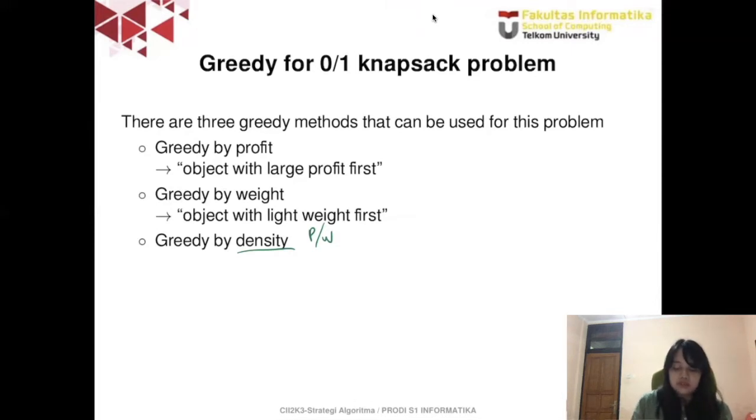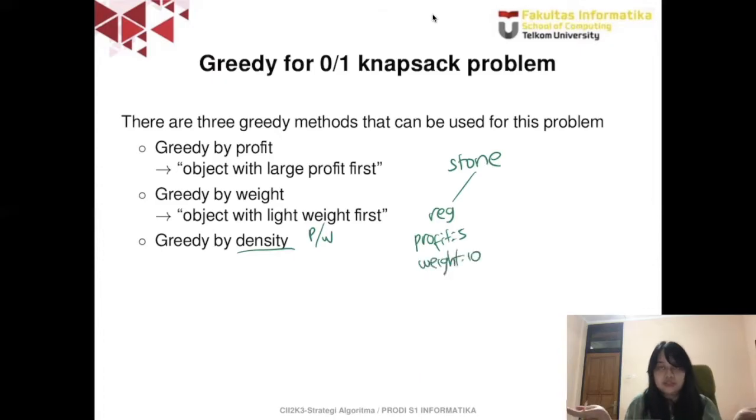So let us consider a stone. There is a regular one that has a profit of 5, but also a weight of 10, let's say.